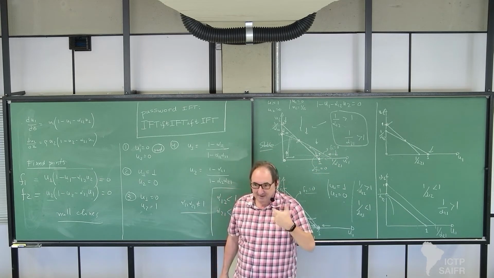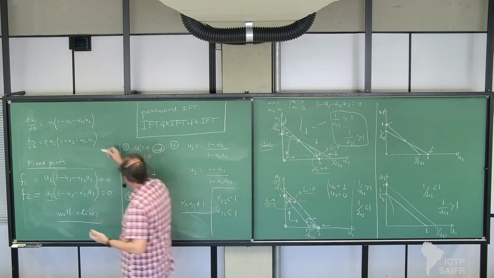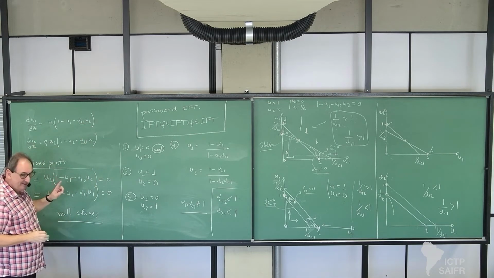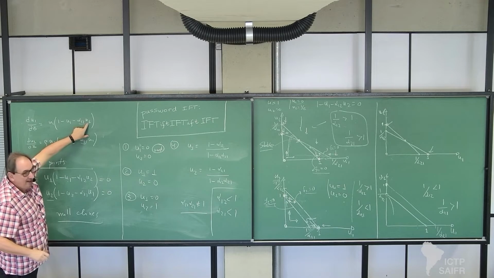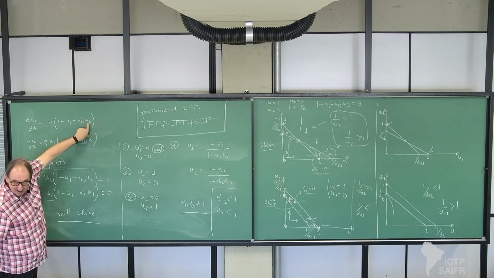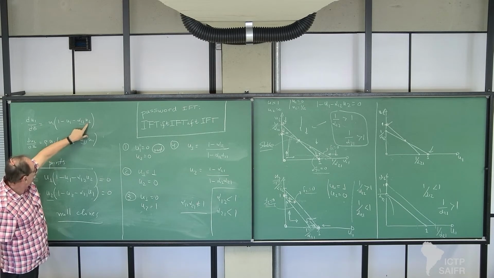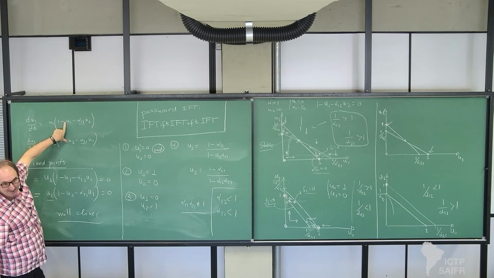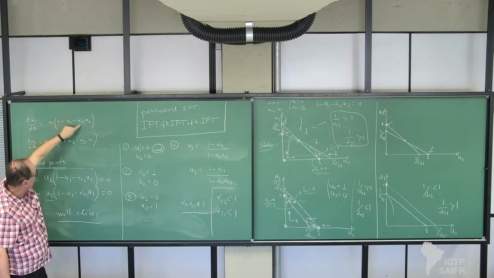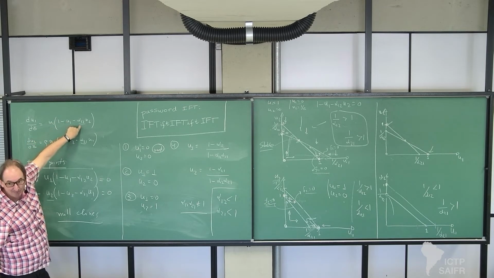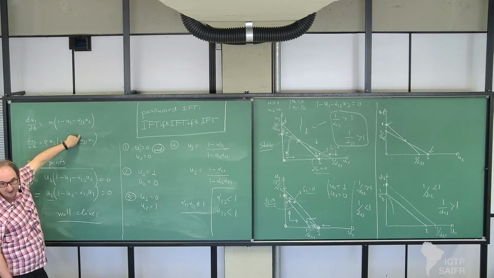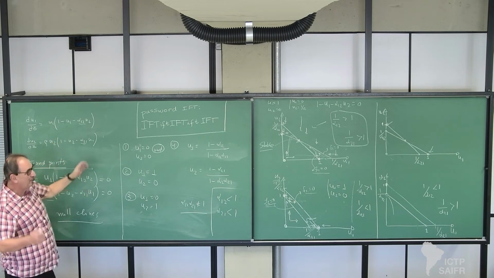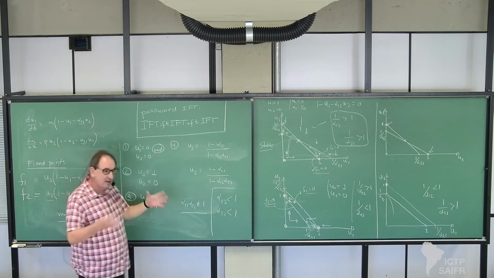This means that these guys are smaller than 1, which means that the interspecific competition is weaker than the intraspecific competition. You have a 1 here and something smaller than 1 here and smaller than 1 here. In this case, you have what you call weak competition. The effects of competition are weak.